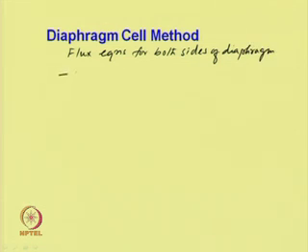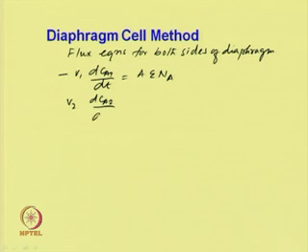For compartment 1, it is V1 dCA1/dt equal to A epsilon NA, and for compartment 2 it will be V2 dCA2/dt equal to A epsilon NA.